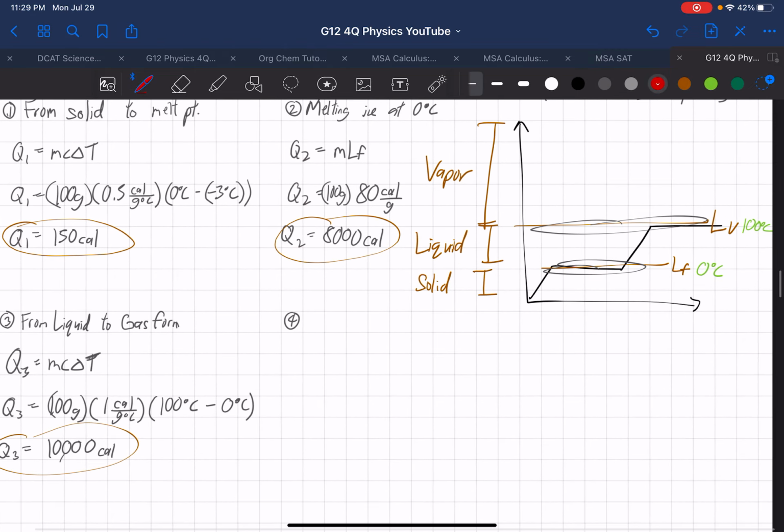Q4 is equal to, instead of mLF, the F becomes V. Okay? Q4 is equal to the mass, 100 grams, times the LV, that is 540. Where do you know that it's 540? It's here. Where do you get 80? It's here. LF of water. LV of water is 540.